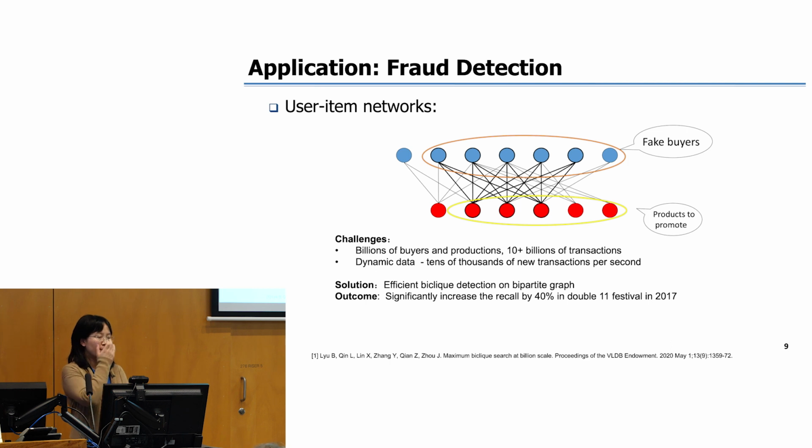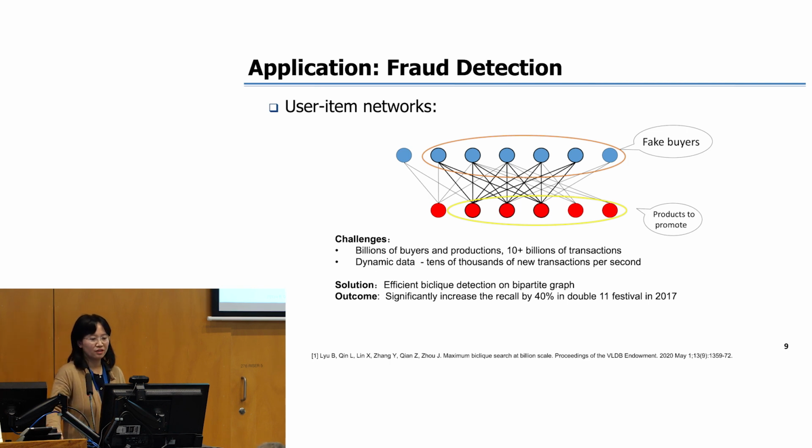On the Alibaba platform, they have some festivals to promote their revenue. During those festivals, the data can be updated with tens of thousands of transactions, meaning tens of thousands of new edges coming into this bipartite network per second.